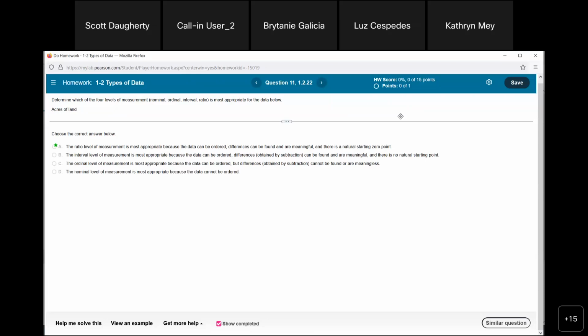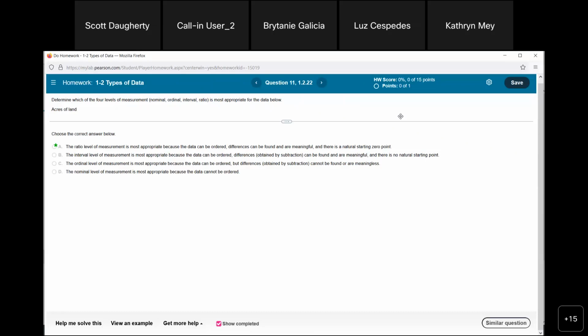The ratio is meaningful. The reason it's meaningful is because 0 is not arbitrary here. When someone says, I have no acres of land, that's the absence of something. That's the absence of land, right? Whereas in the Celsius case, the one we did before, 0 degrees Celsius was not the absence of something.